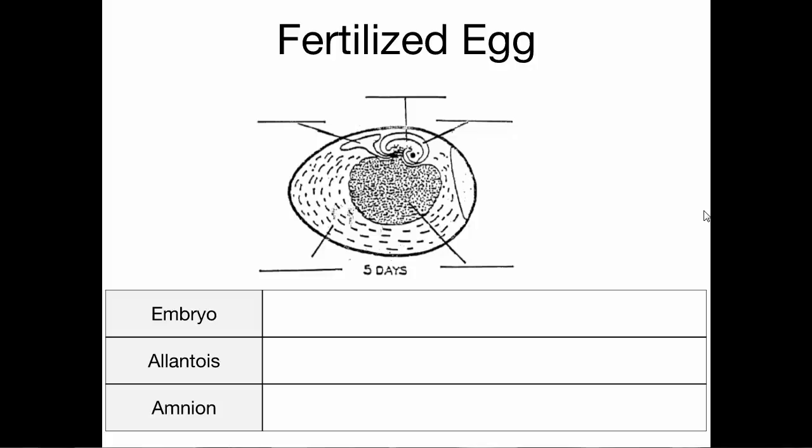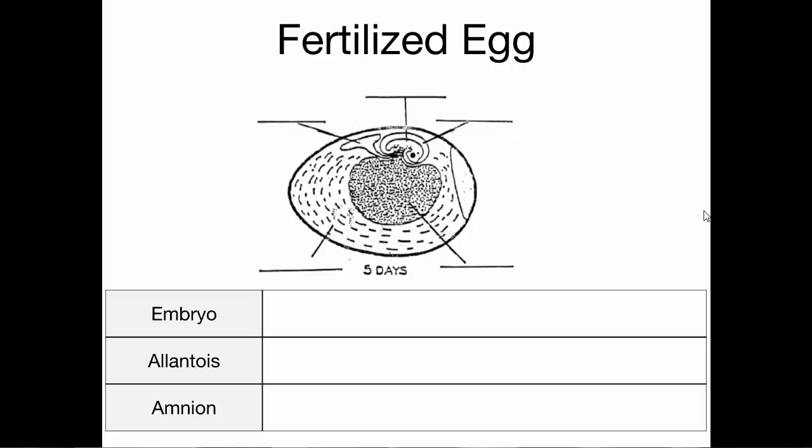So, when birds reproduce, what type of fertilization do they have? It's sexual. Internal. Yes, they have internal fertilization.